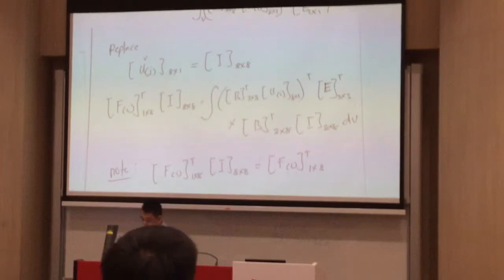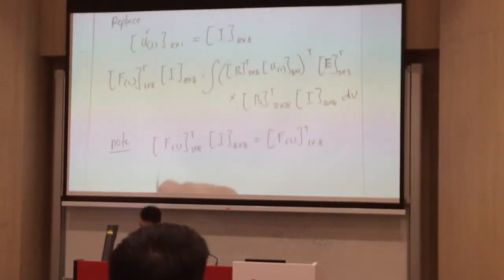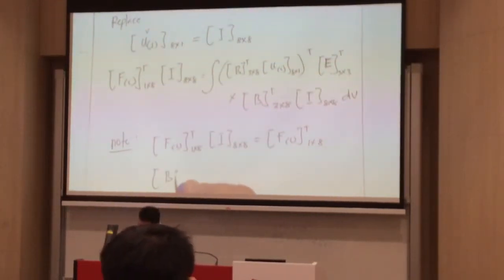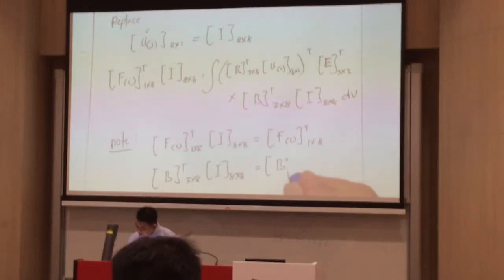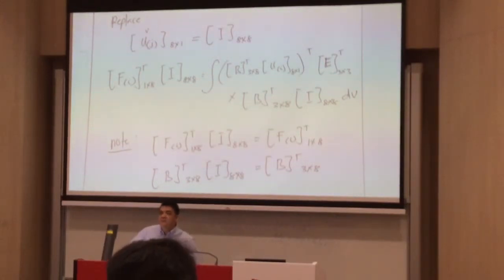So, using a similar analogy, we have now your strain displacement matrix multiplied by an identity matrix, 8 by 8. So this one will simply be B transpose, yes, 3 by 8.